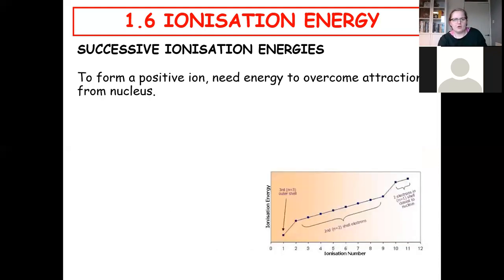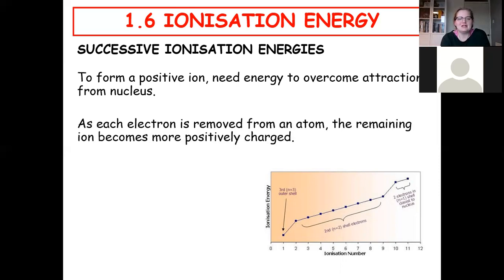So to form a positive ion, we need energy to overcome the attraction from the nucleus. As we've talked about with quantum theory last time, the nucleus is a ball of positive energy, and electrons are negatively charged. So to form a positive ion, we need energy to overcome that attraction from the nucleus. Each electron, as it's removed from an atom, leaves the remaining ion more positively charged.